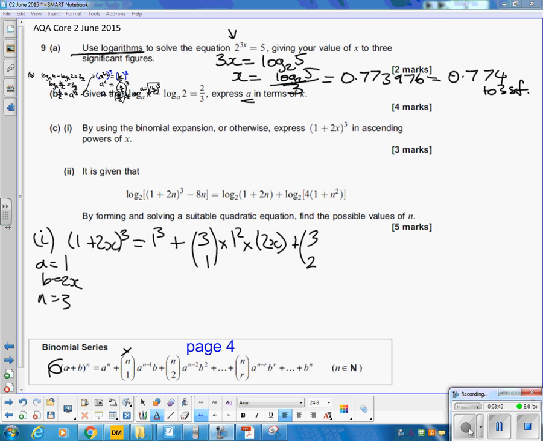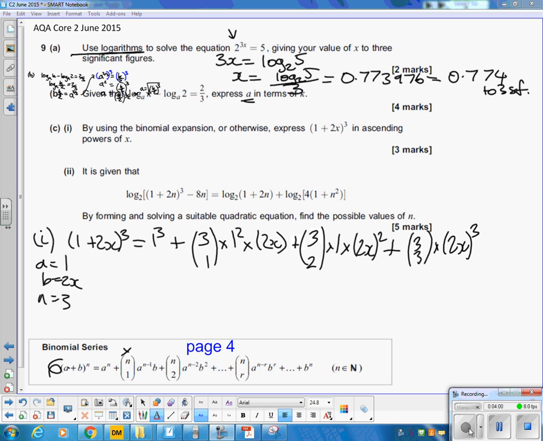So now it's 3c1, the power goes down on a, so that's 1 to the power 2, and the power goes up on b. Then 3c2, power goes down on a, so that's 1 to the power 1, and the power goes up on b. Then 3c3, 1 to the power 0, so it's gone, and the power goes up on b.